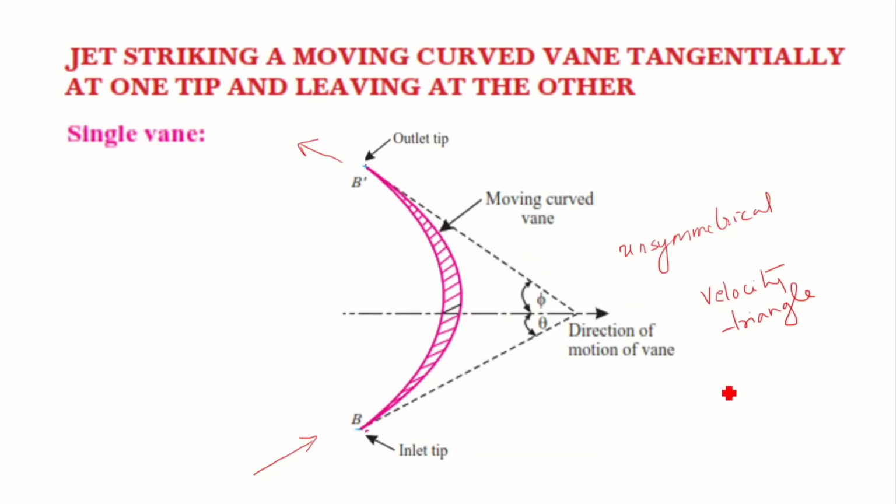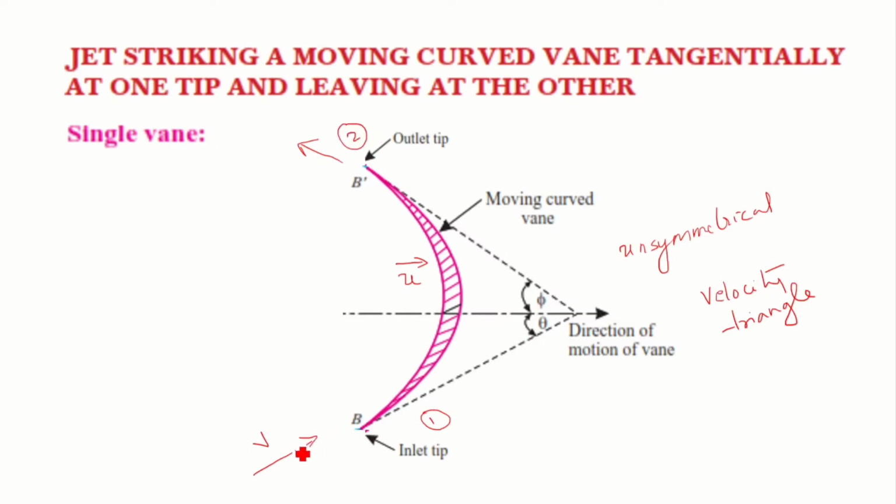So the jet is striking this vane, and this vane is moving with a velocity u. The jet is striking the plate at velocity v. At the inlet we denote it as 1, and the outlet is 2.